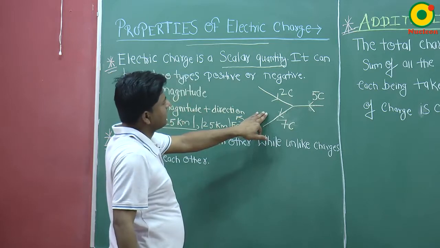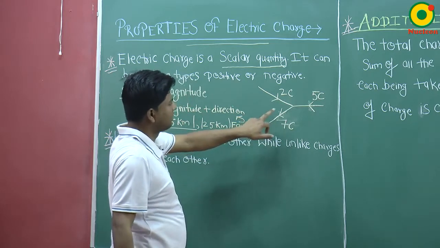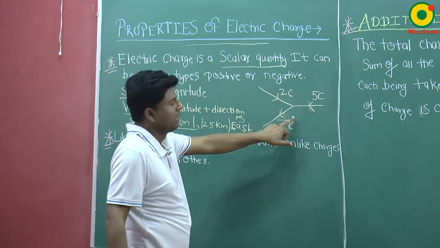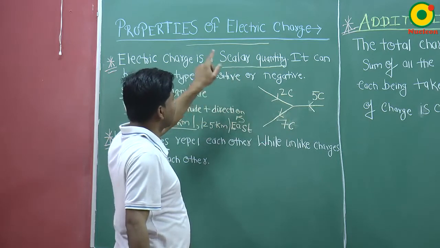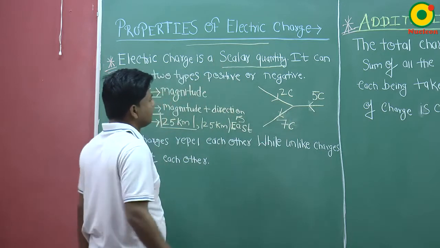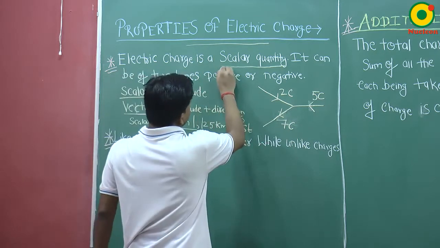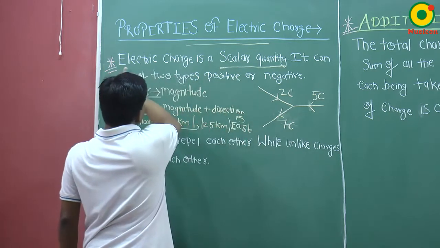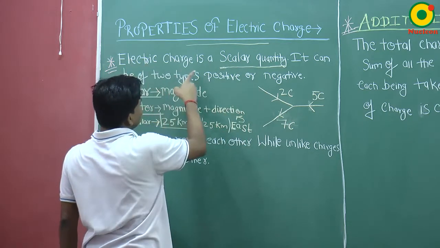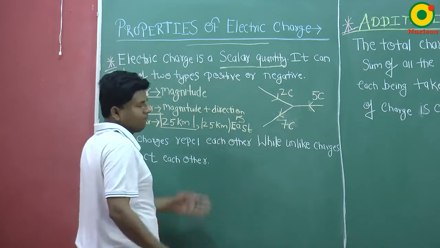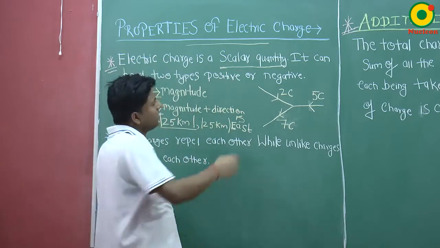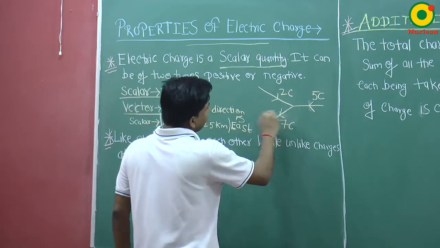So in the case of electric charge, the direction does not matter, and we still say that it's a scalar quantity. Just remember as a fact that electric charge is a scalar quantity. In higher grades, you will learn why it's called scalar.